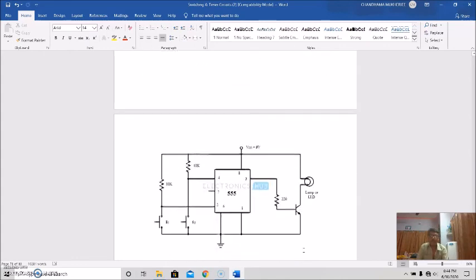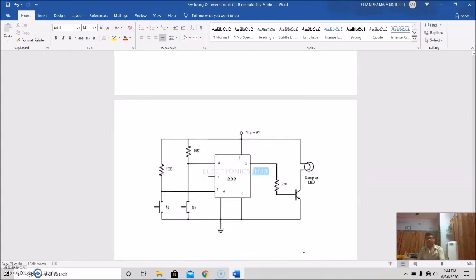So with this we are about to complete our discussions of the switching and timer circuits. We have firstly discussed the switching and timer circuit, and then its application, astable, monostable, bistable multivibrator circuits using op-amp.